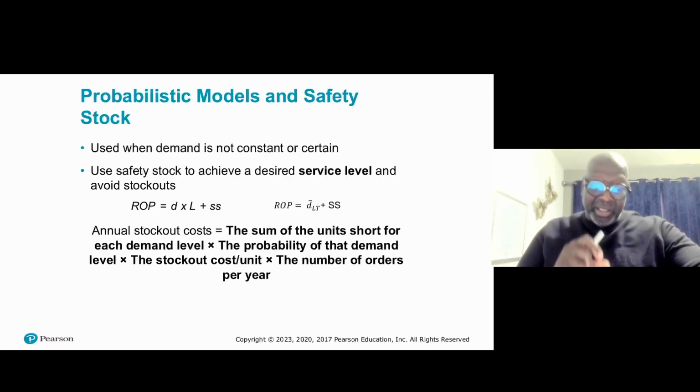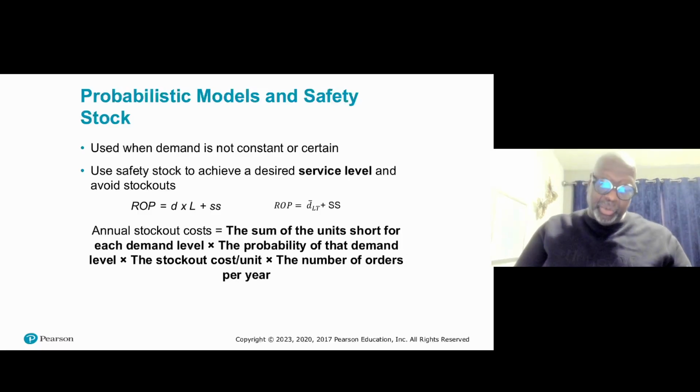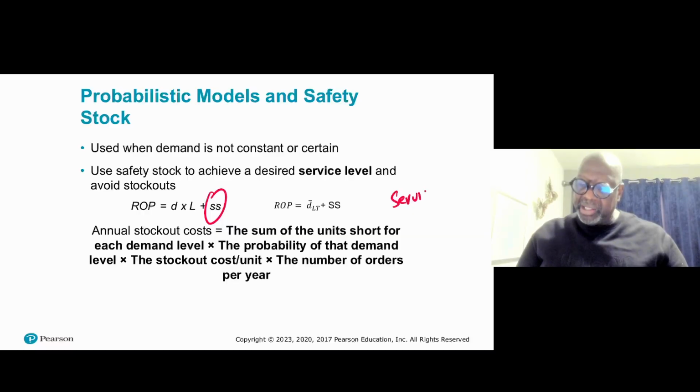But when there's uncertainty in either the demand or the lead time or both, we need a slightly different formula because we now have to incorporate what we call safety stock. And the safety stock that we will incorporate will depend on our desired service level. And what do I mean by your desired service level?